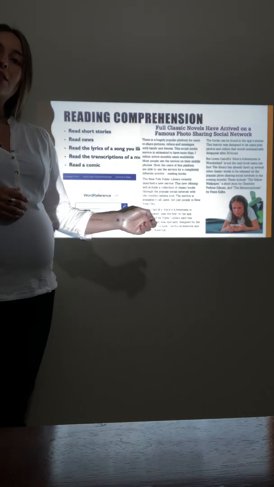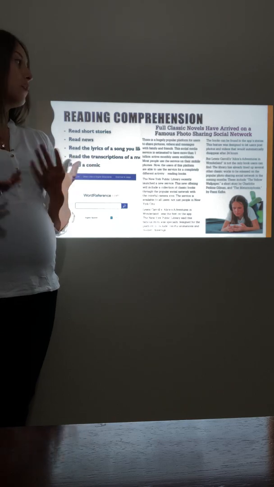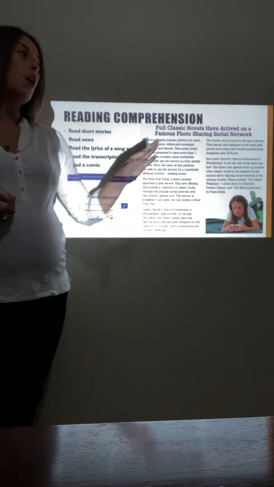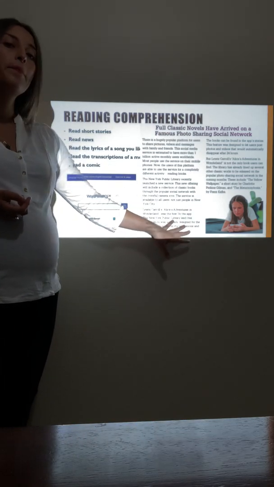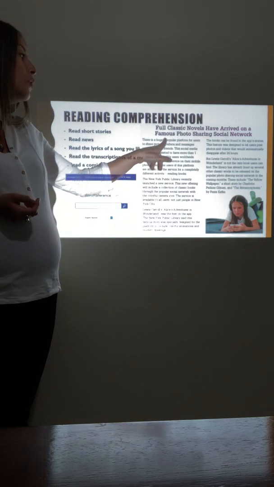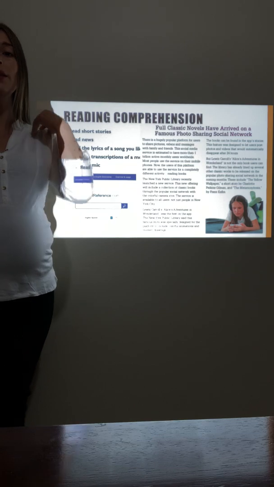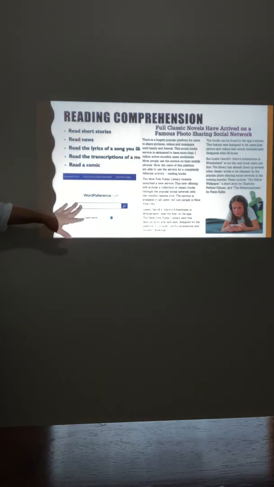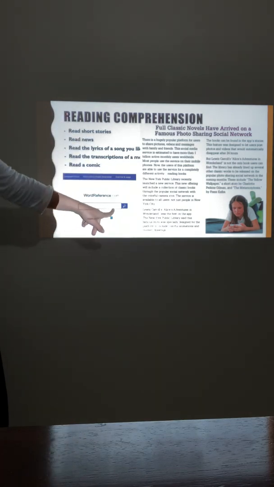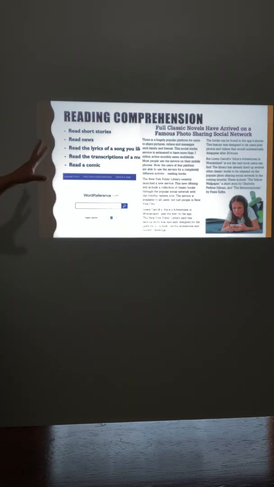In this activity, to practice the reading, first, you have to read it, then you have to look for the words that you don't understand, and I always suggest you to look for the words that you don't know in the online dictionary wordreference.com.